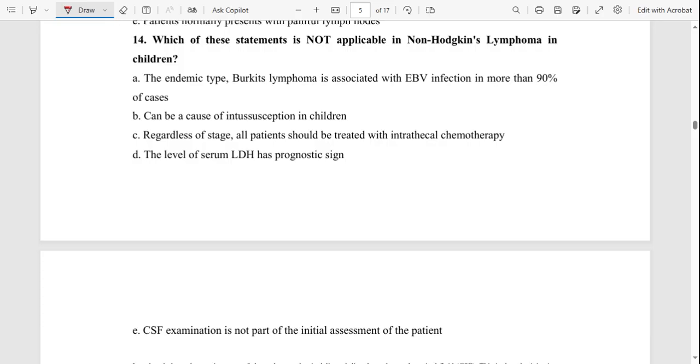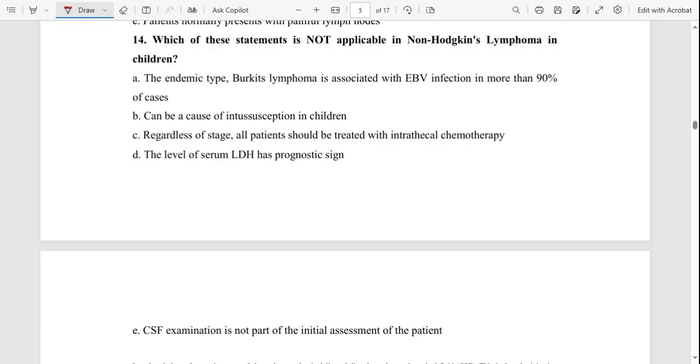There can be bowel obstruction, ascites, and palpable masses. Okay, that's the abdominal non-Hodgkin's: intussusception, intestinal obstruction, ascites, or palpable mass.